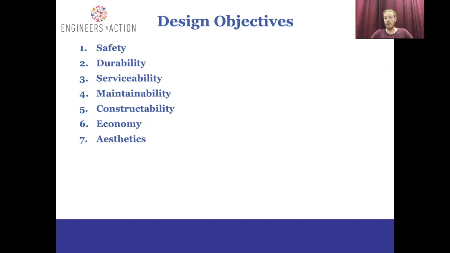So that way our structure is not only safe, but it's durable and continues to be safe into the future. Third, serviceability. This is a design objective that relates to how well our design achieves the design outcomes that we need. The primary example in suspended bridge design is if the cables are too steep and no one can walk up the bridge, it's not serviceable.